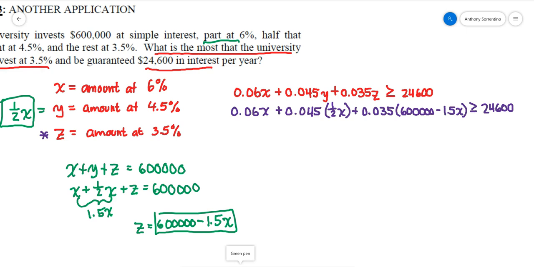So, I'm going to try to solve this inequality for x first. So, 0.06x plus 0.0225x, plus little computation here, 0.035 times 600,000 is 21,000.